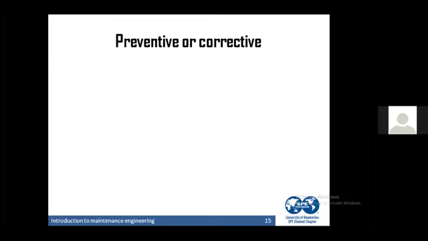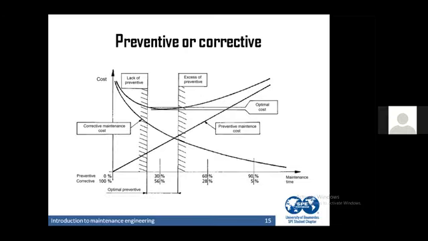However, the corrective maintenance cost is reducing. Why? Because if we keep investing in preventive maintenance, the failures will be fewer and the corrective maintenance cost will also be lower. On the contrary, if we keep investing too much in preventive maintenance, it has no sense, because we are not going to throw away our money.